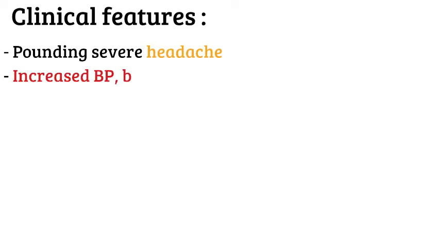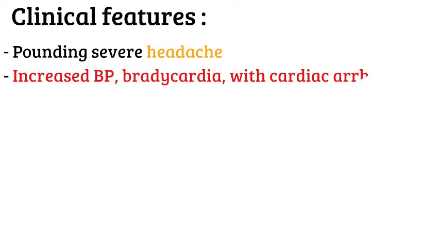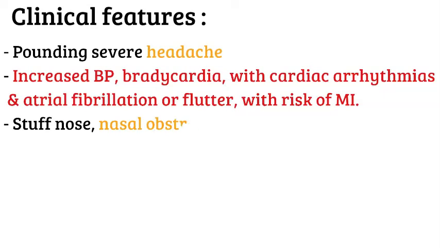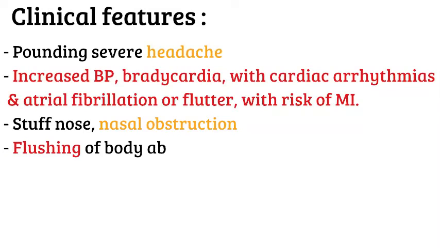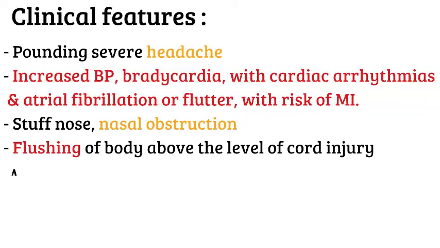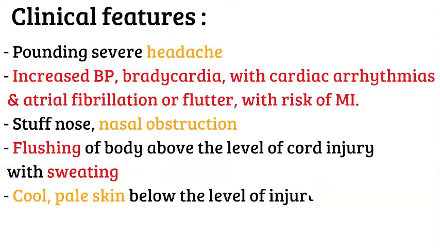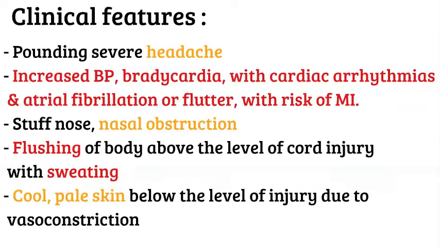What are the clinical features or presentation of autonomic dysreflexia? The patient will present with a pounding severe headache, very high blood pressure, bradycardia with cardiac arrhythmias and atrial fibrillation or flutter, with a higher risk of myocardial infarction in a patient who previously has coronary artery disease.